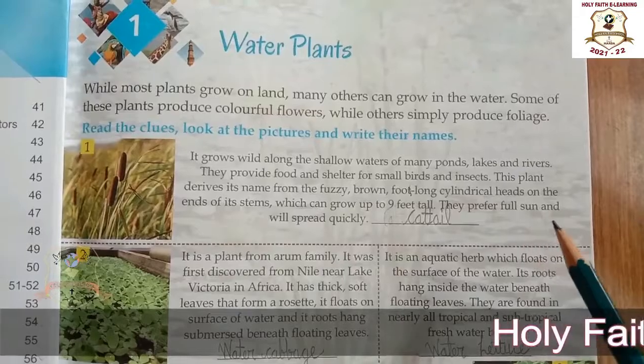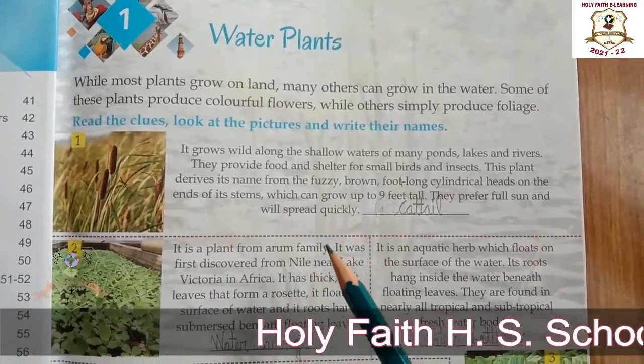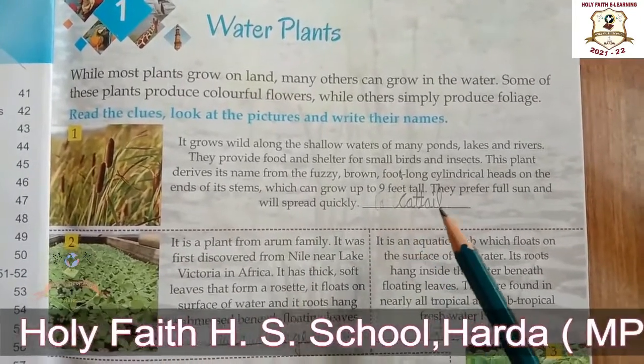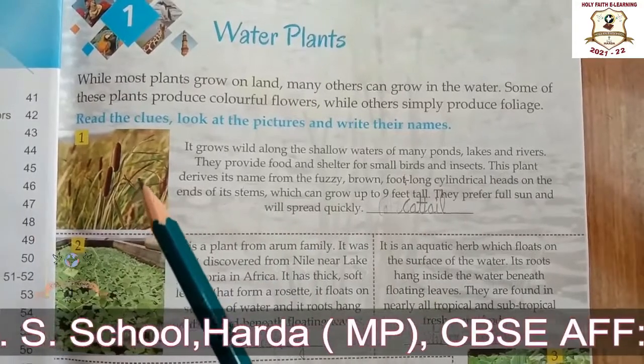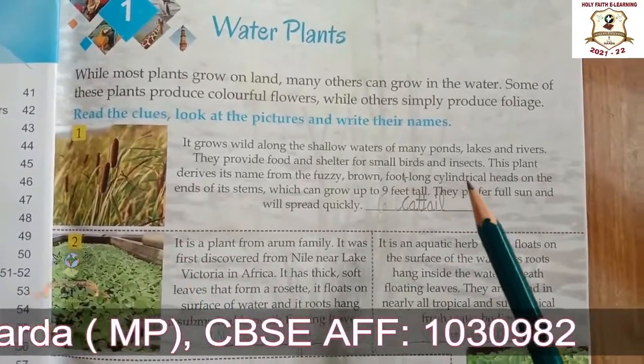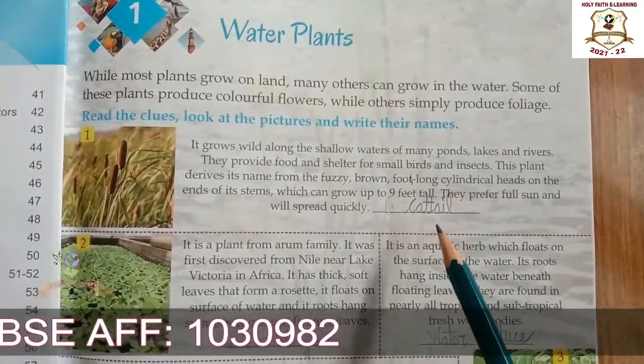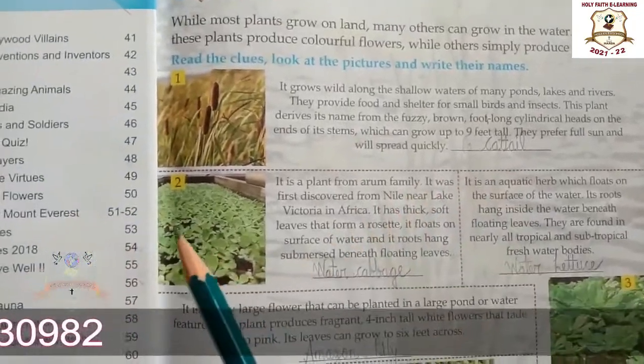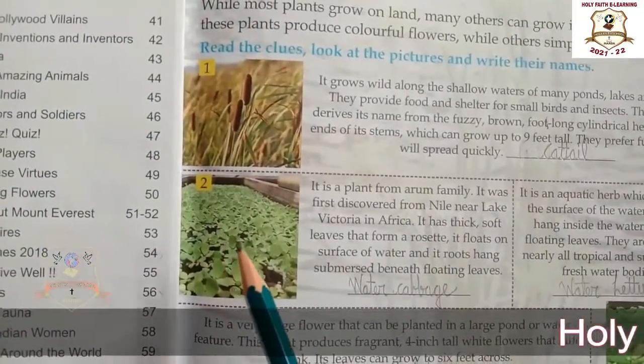They prefer full sun and will spread quickly. What is the name of this water plant? Cattail.